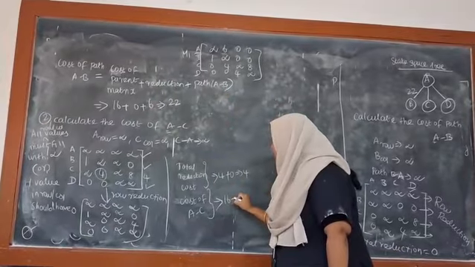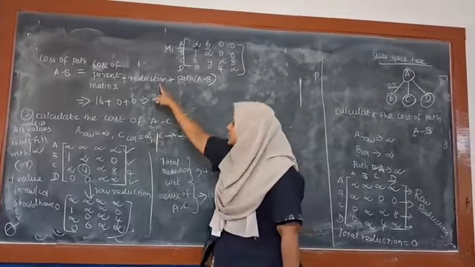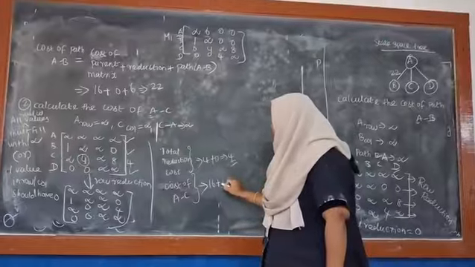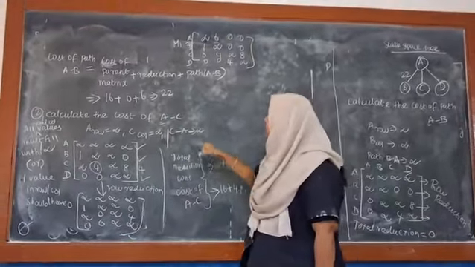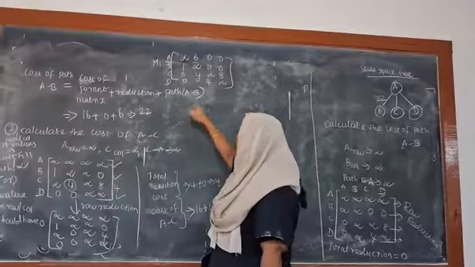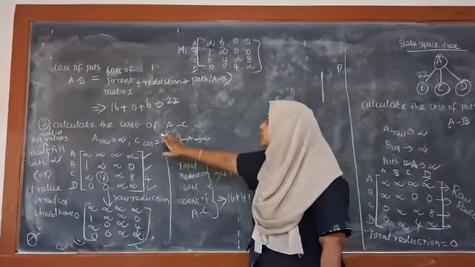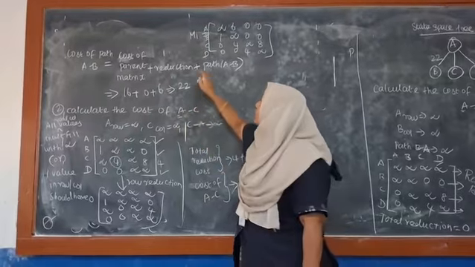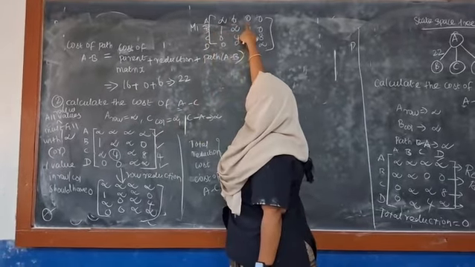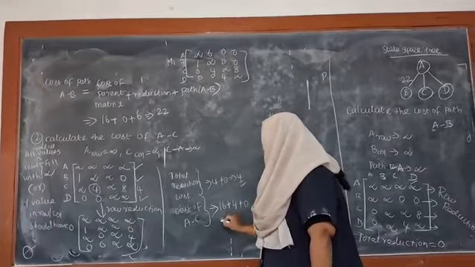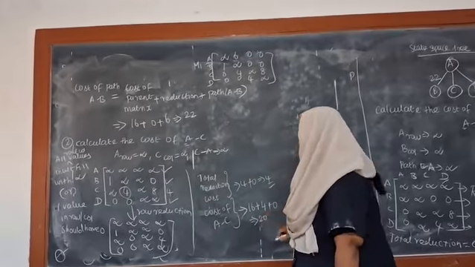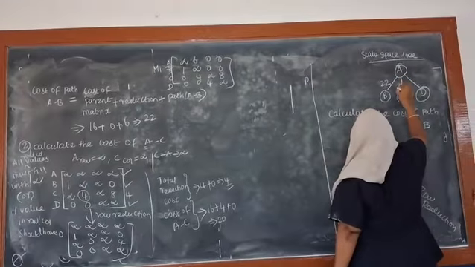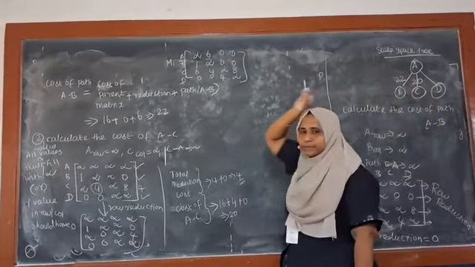That is 16, plus the reduction value which I got, that is 4, plus path of A to C. What is the cost mark? 0. So 16 plus 4, 20. So the value of A to C is 20.